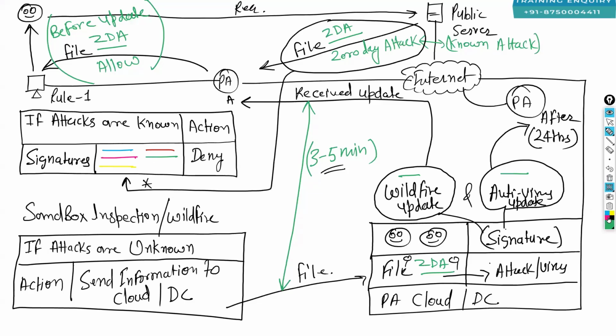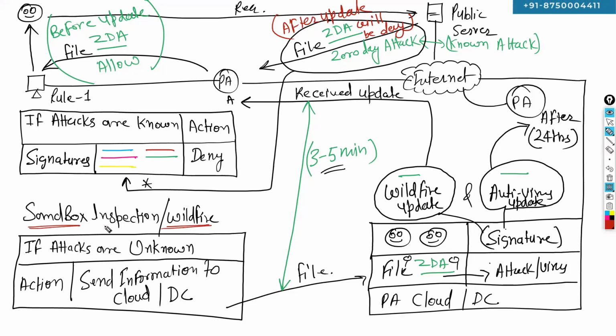But when you have the signature, then after the update JDA will be denied. After the update, your JDA will be denied. But remember, if you are the first victim, no one can protect you. Clear?